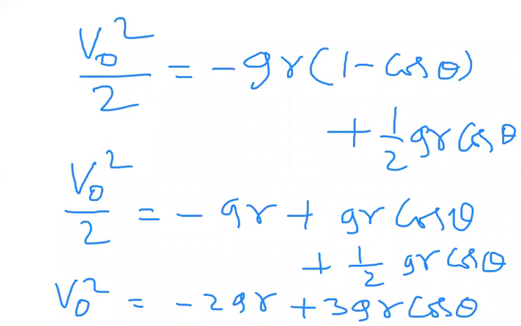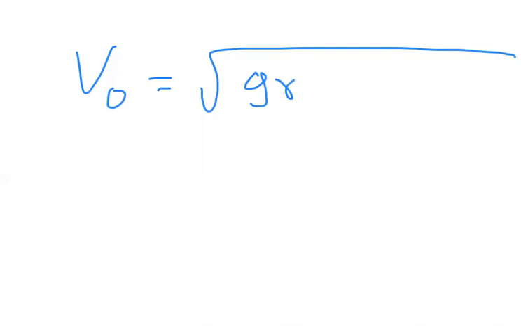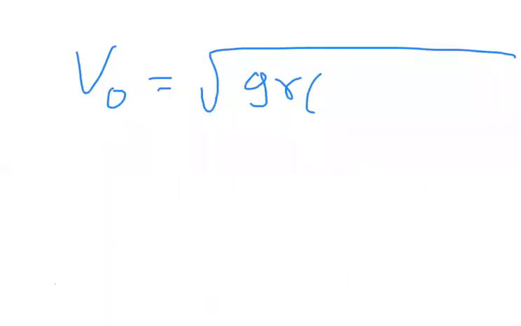So I can write the v naught value as square root of gr into, taking gr common, 3 cos theta minus 2. So this is the expression we got for the v naught value.